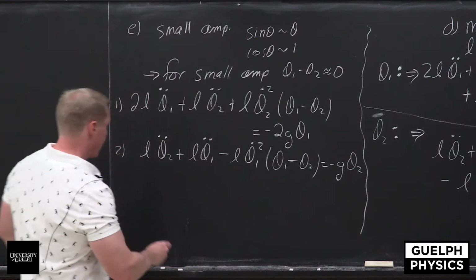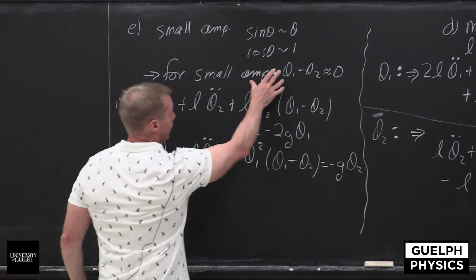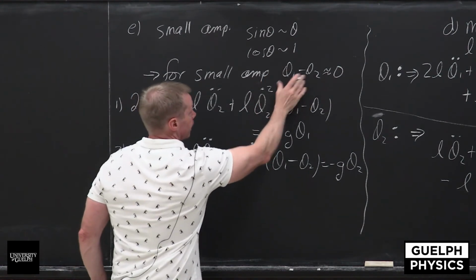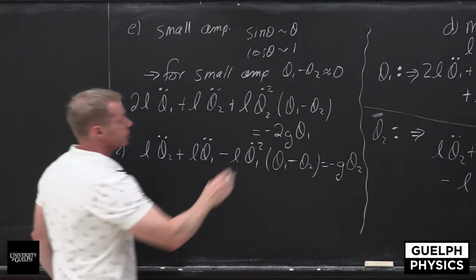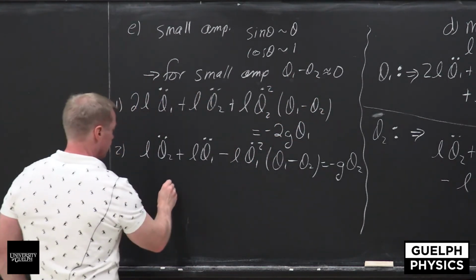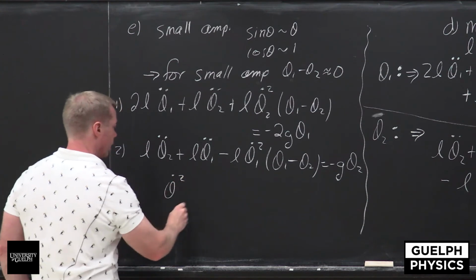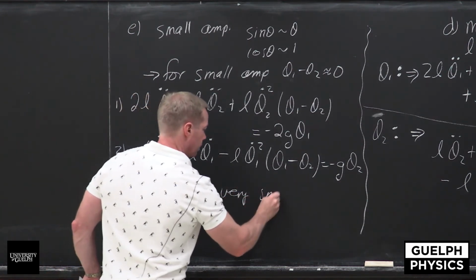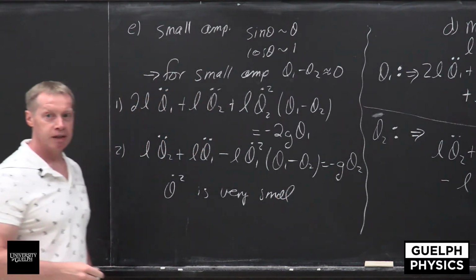And so we have a double approximation: not only do we expect this difference in angles to be approximately zero, but theta dot squared we also expect to be very small.